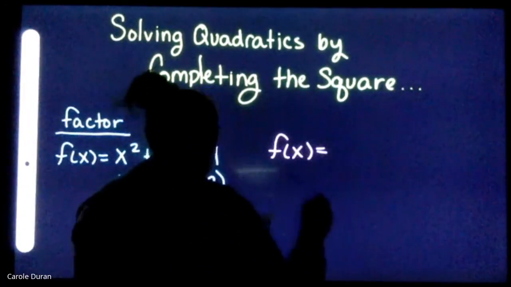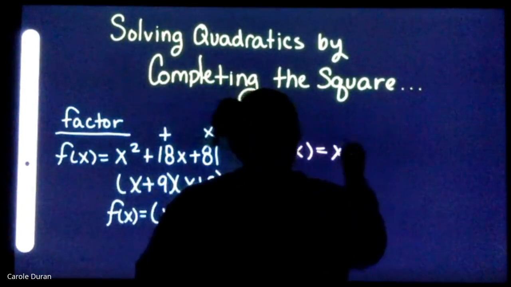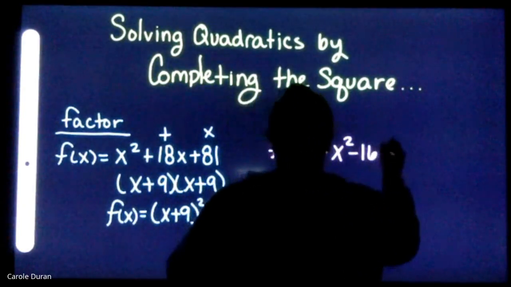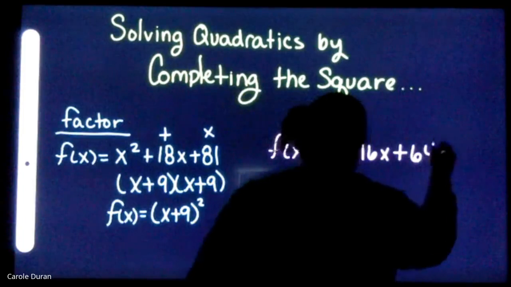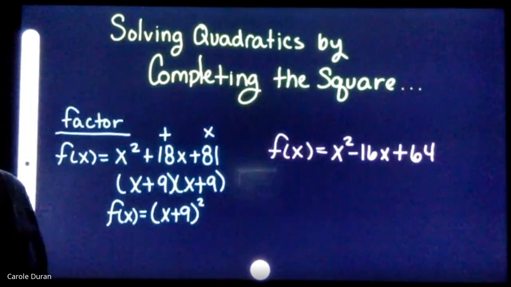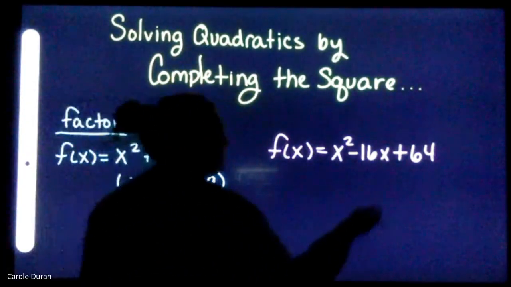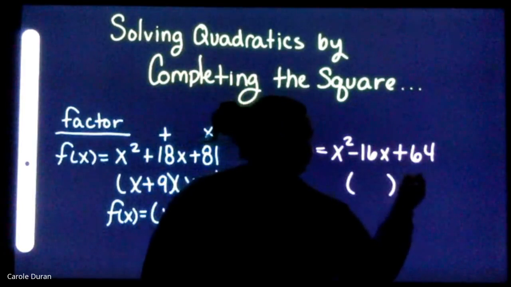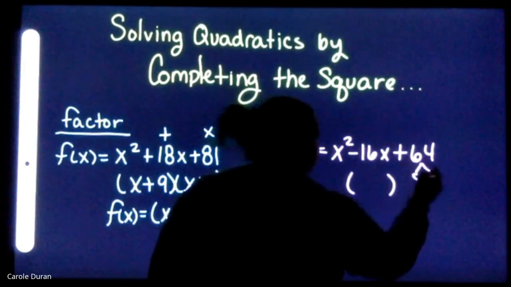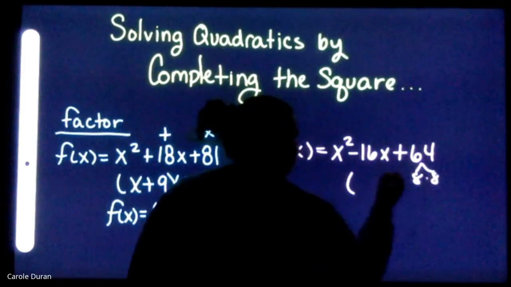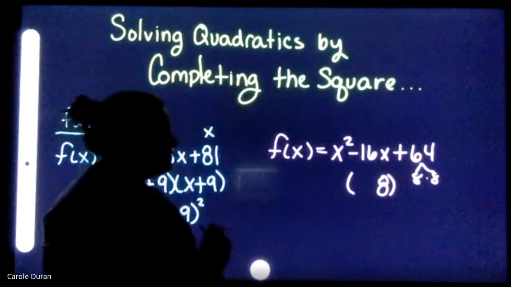So the second example we're going to do is x squared minus 16x plus 64. I know this is a perfect square trinomial, so my factor is going to be the same number twice. 8 times 8 gives me 64, so I know that my number is going to be 8.